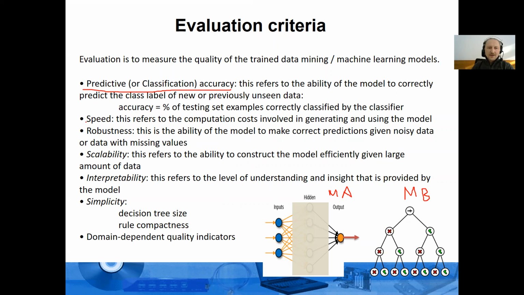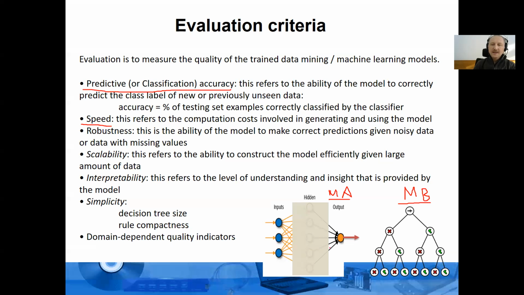You can evaluate like that, or by means of speed. When you mention the speed of the model, actually you mean training speed. For example, you have two different machine learning or data mining models, model A and model B, and you want to know which one is faster by means of training time.